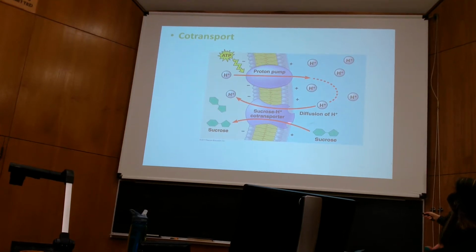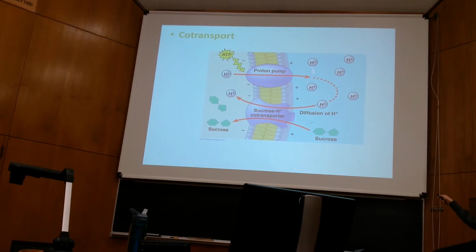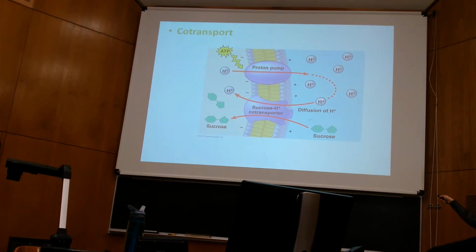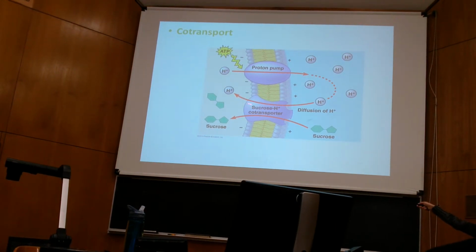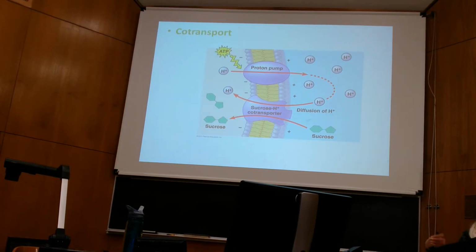Sucrose has to bind to this protein along with a hydrogen ion for this to be moved across to the inside of the cell. This is done because we have this charge. The hydrogen ions are naturally going to want to go to this side. So since there's a binding site, the energy comes from this hydrogen binding here and moving in. And as it does that, it takes the sucrose into the cell as well.